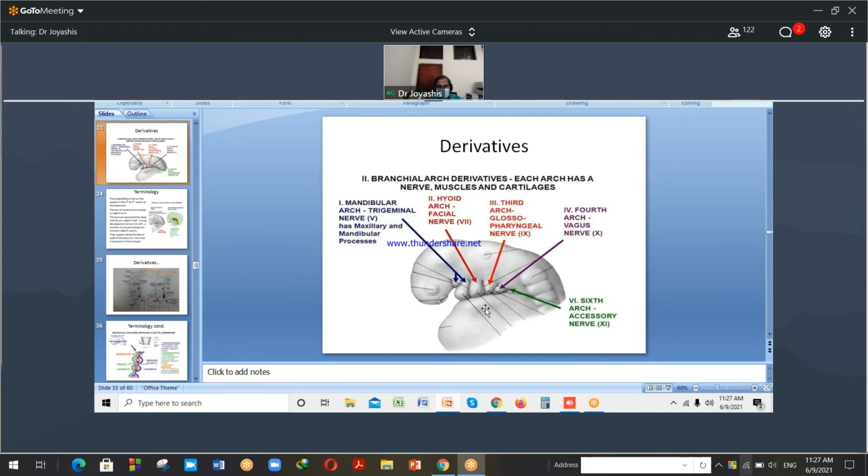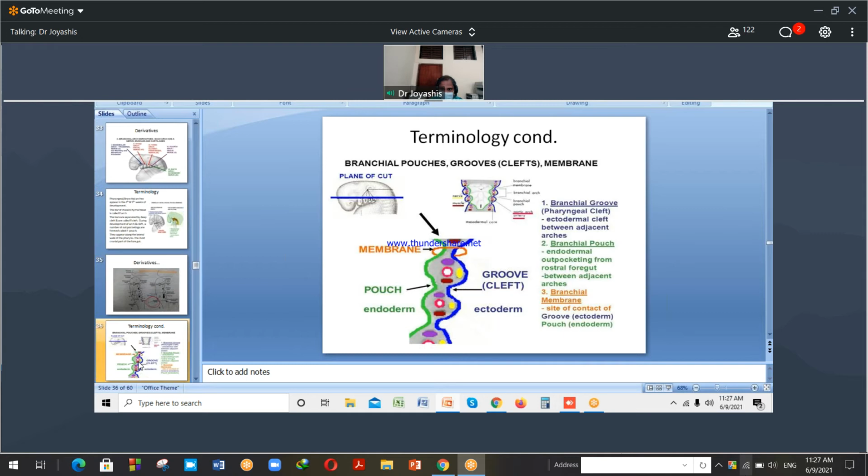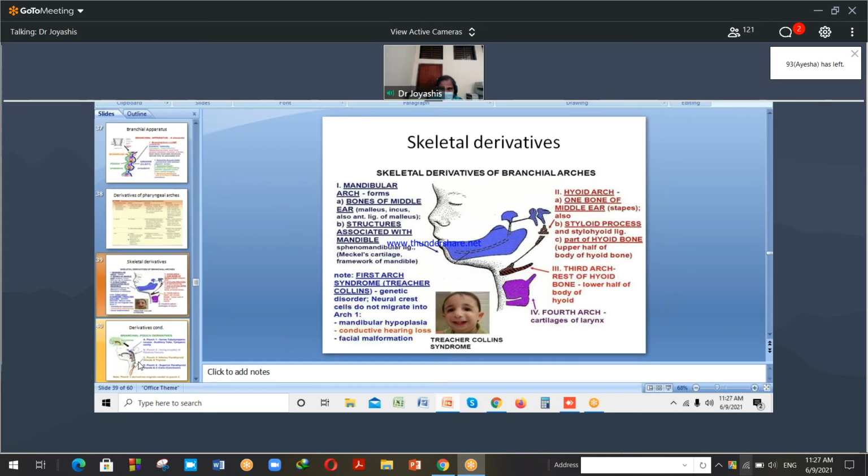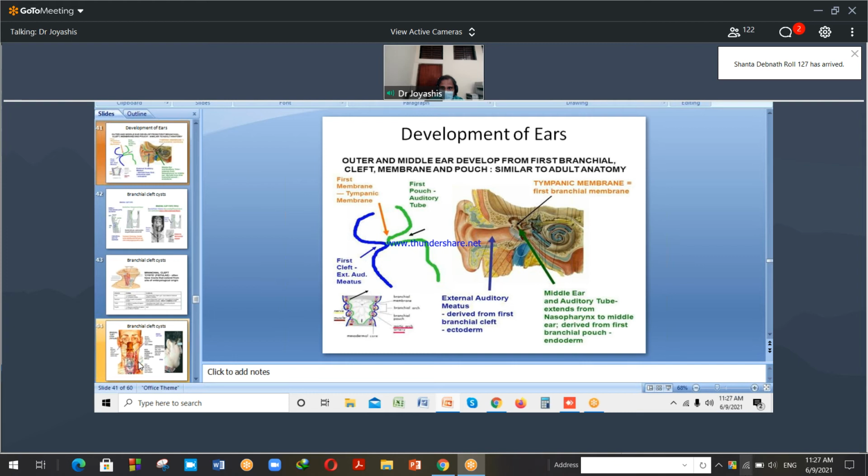The first pharyngeal pouch forms the tympanic cavity, mastoid antrum, and eustachian tube. The tympanic membrane forms with the first branchial membrane, and the middle ear and auditory tube, which extends from the nasopharynx to the middle ear, derive from the first pouch, which is endodermal in origin.